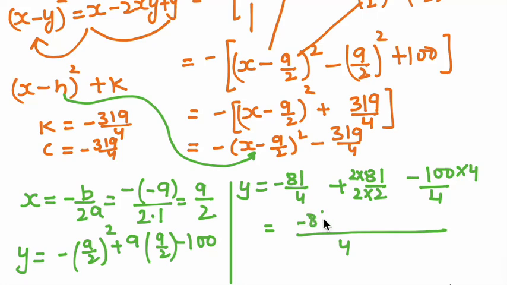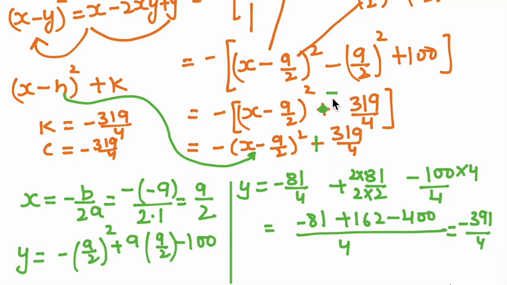That will be negative 81 plus 162 minus 400. And if you solve it, that will be negative 391 by 4. No, my bad here. That is negative. If you open, it will become positive. So you see, both the methods are going to the same result. If you compare this, h is 9 by 2 and k is 319 by 4.